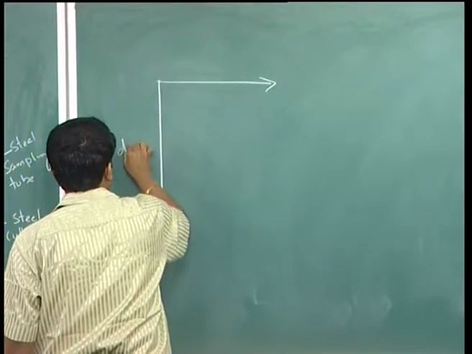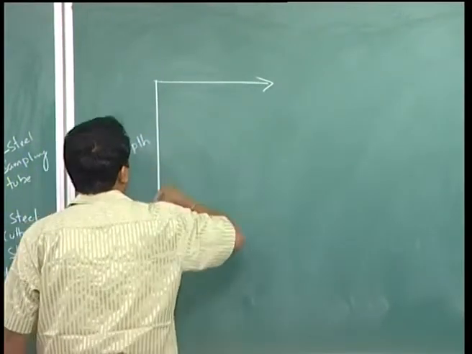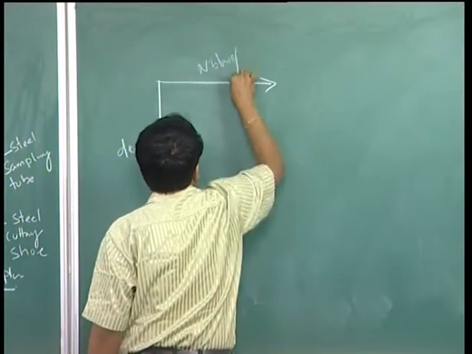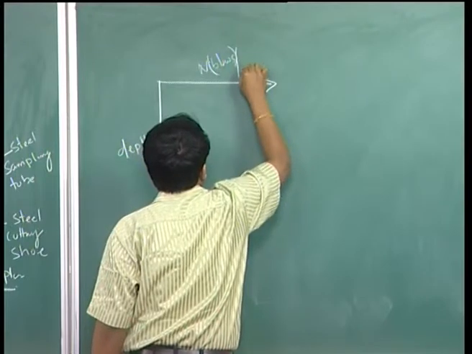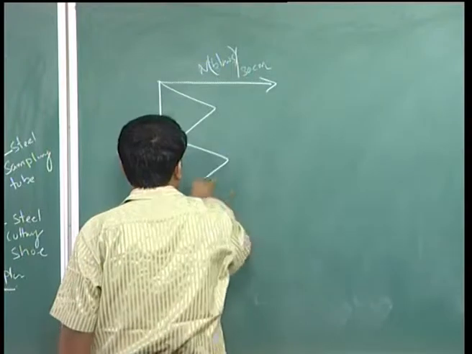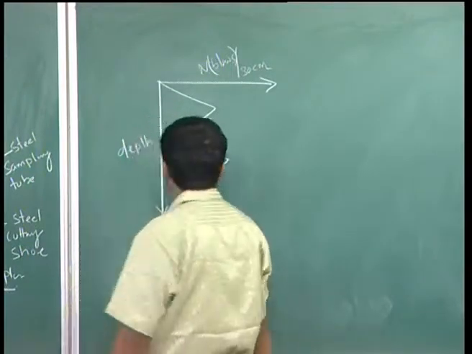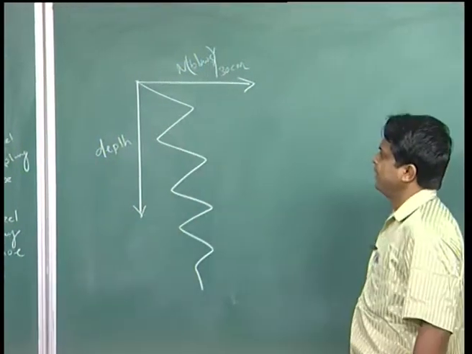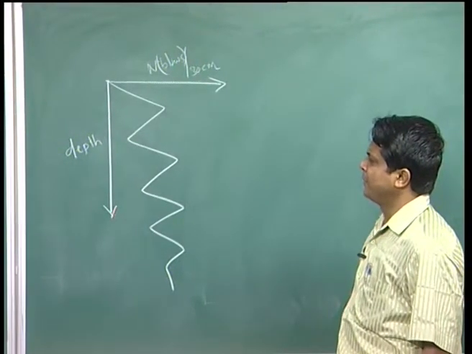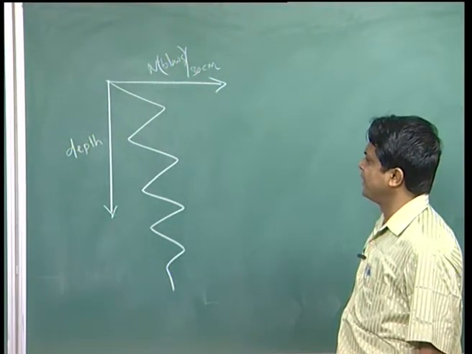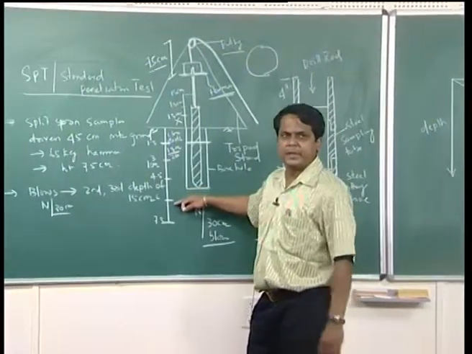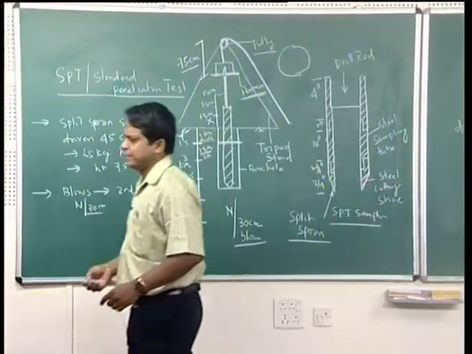This is my depth, this is N blows per 30 centimeter. You will get a profile of how the number of blows varies every 1.5 meter interval up to your requisite depth, 10 meter, 20 meter, 50 meter or maybe 100 meter.